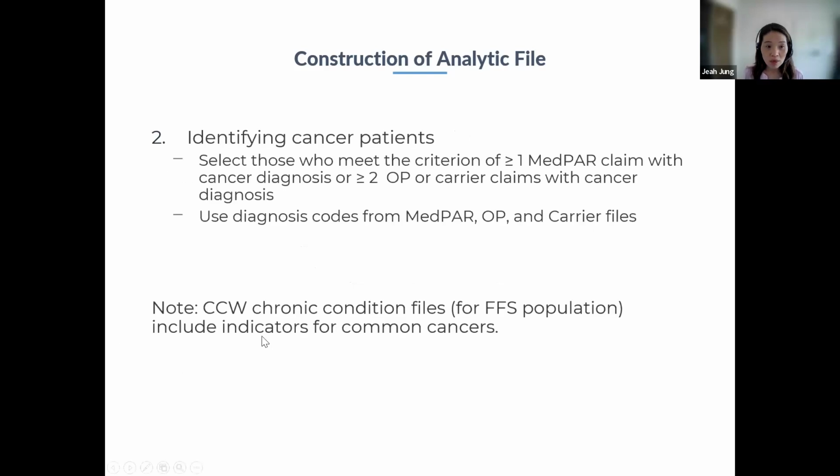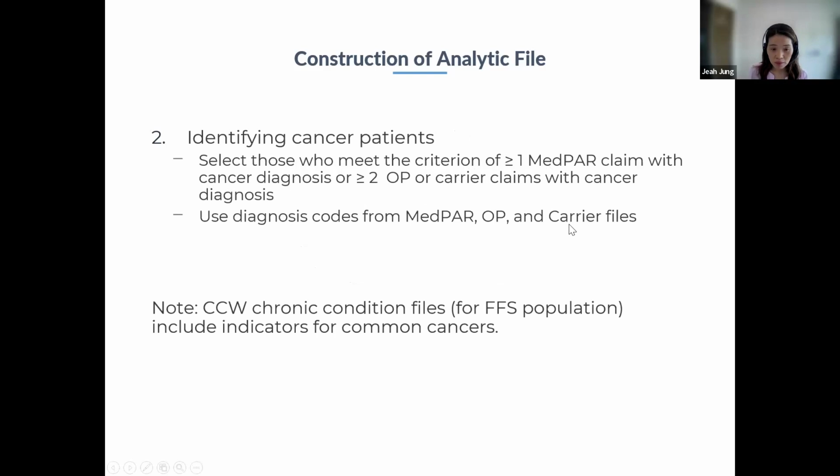In order to identify cancer patients, we went through the MedPAR, outpatient, and carrier claims to find those who met this criterion: at least one MedPAR claim or two outpatient or carrier claims. So you use the diagnosis codes in these three files.